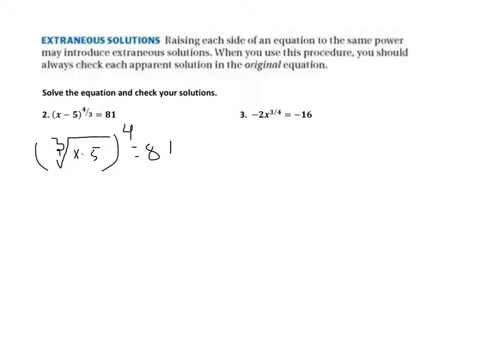Well, to undo the 4th power, I'd have to do the 4th root. And to undo the cube root, I'd have to do the 3rd power. So how do we write that? Let's just say this is x right now. How do we write that as a fraction? It would be x to the 3/4. Notice the relationship between 4/3 and 3/4.